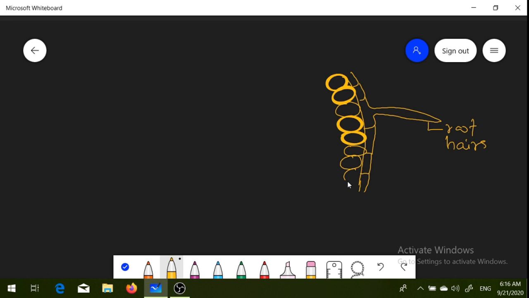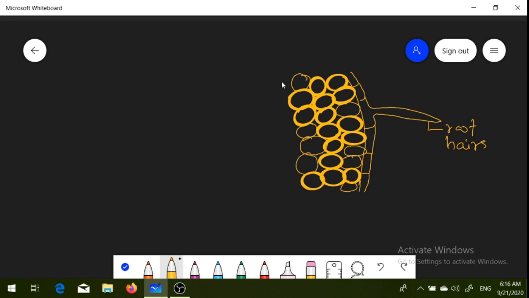There may be 2-3 layers of these cortical cells. We can see 3 to 4 layers of these cortical cells. Okay. So these cortical cells have an innermost layer, and that layer is known as the endodermis.